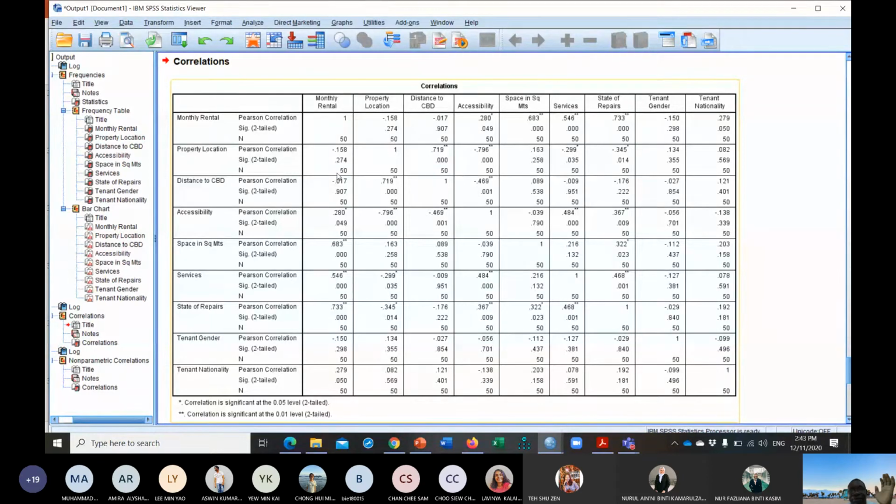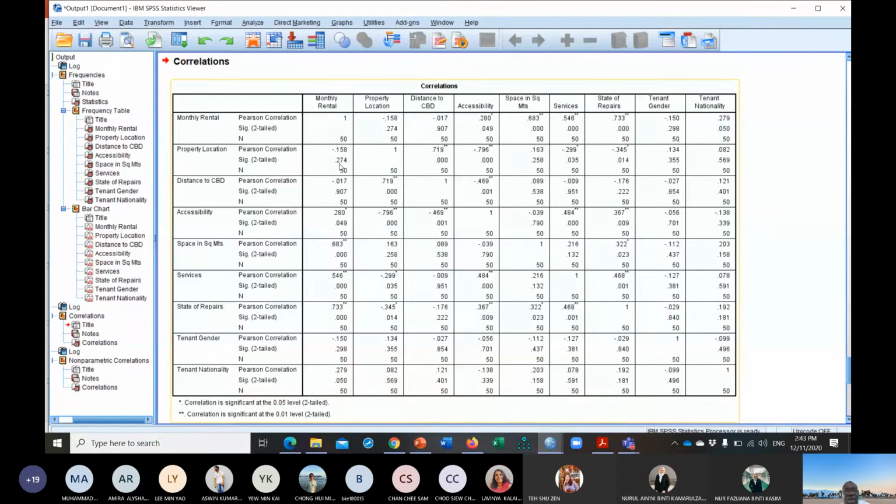However, in this analysis, it was not a significant relationship, but what is seen is that the relationship between monthly rent and property location is an inverse relationship. So if you want your rent to come down, that means the location is farther.